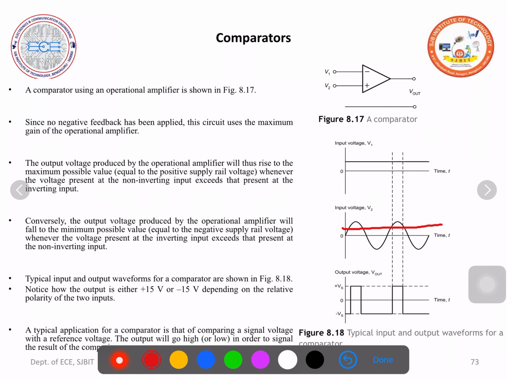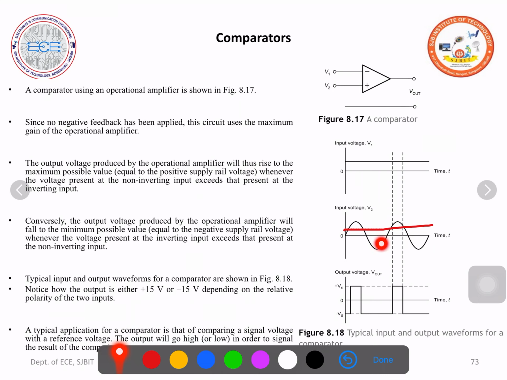Now you can see this area, that is, the input voltage applied at V2 is greater than the voltage applied at V1.